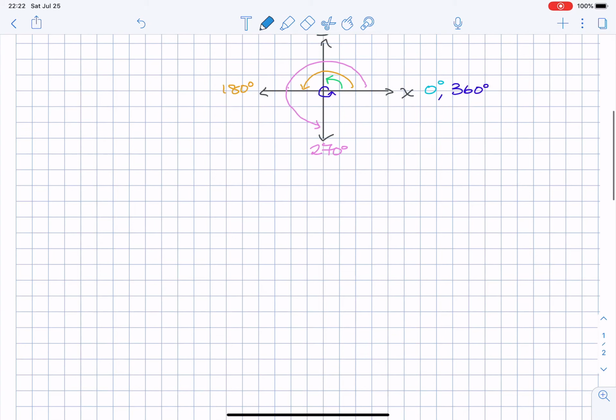Okay, so definition. I've got a 2-part definition here. So the first one will be the angle of elevation. That's what we're defining first. So the angle of elevation.